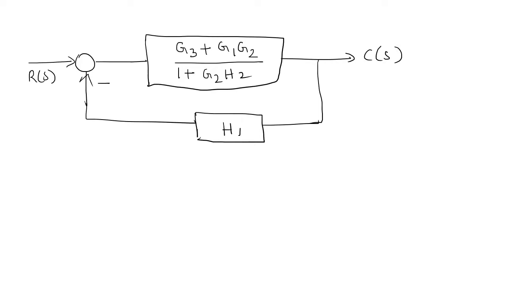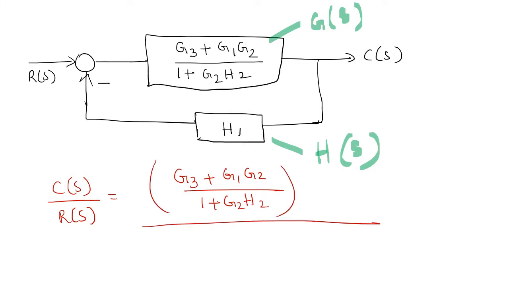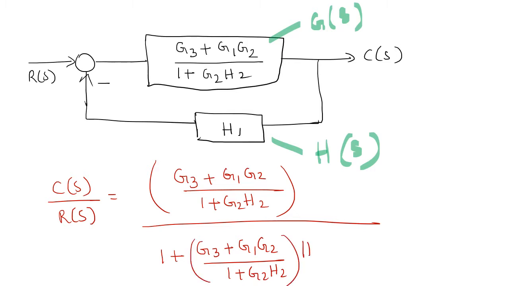So this is our G of S, and this is H of S. We can write this transfer function as C of S by R of S is equal to G3 plus G1 G2 divided by 1 plus G2 H2, the whole divided by 1 plus G3 plus G1 G2 by 1 plus G2 H2 into H1.